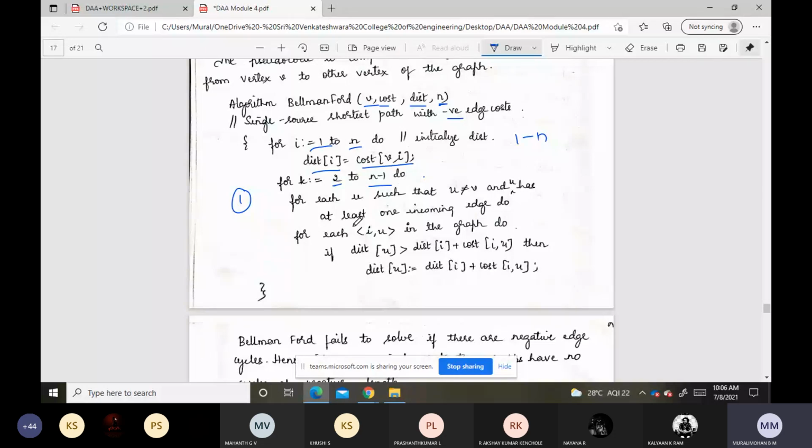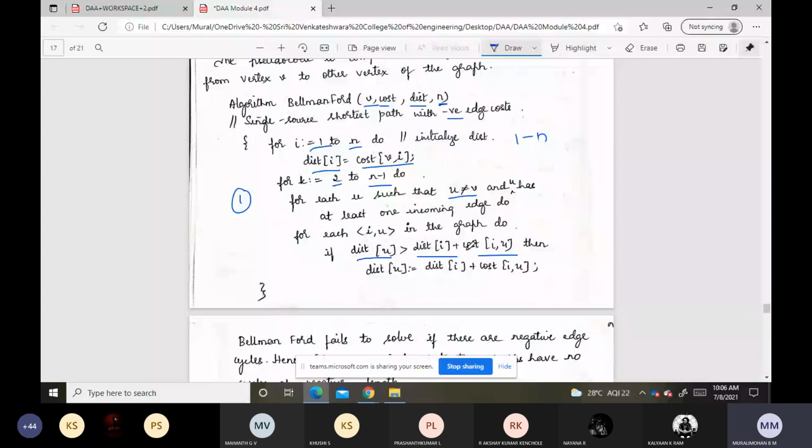For each u such that u is not equal to v and u has at least one incoming edge, for each I comma u in the graph, we do: if distance of u is greater than distance of I plus cost of I comma u.